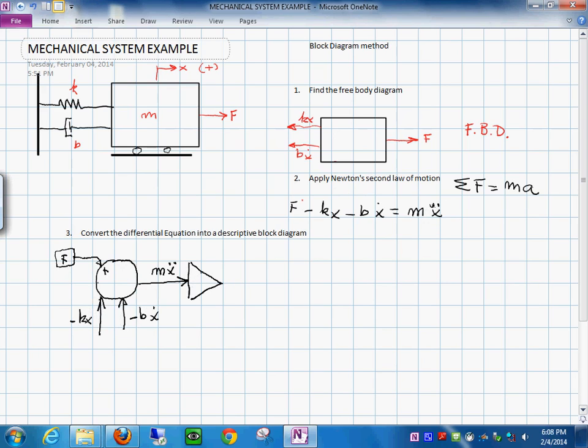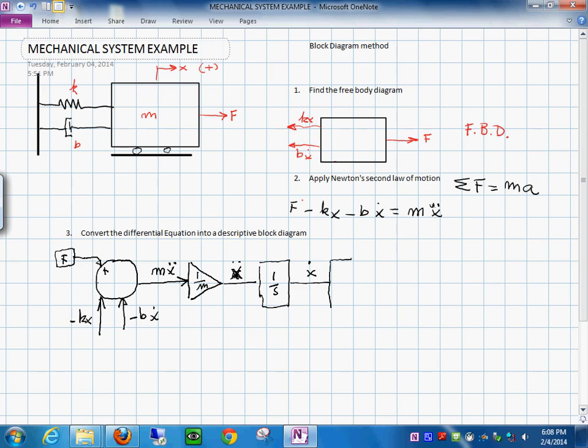So in here you have 1 over m. If you do this, you would end up with just x double dot on this side. And if you integrate this, 1 over s, this is x dot, if you integrate it once.